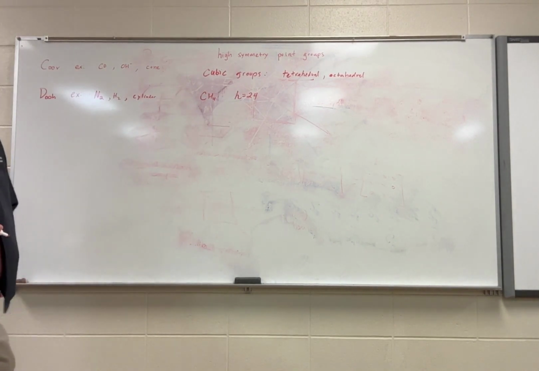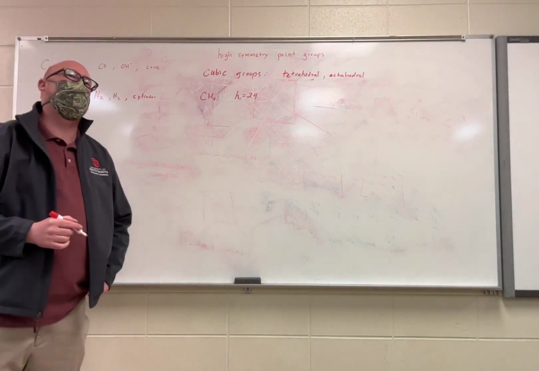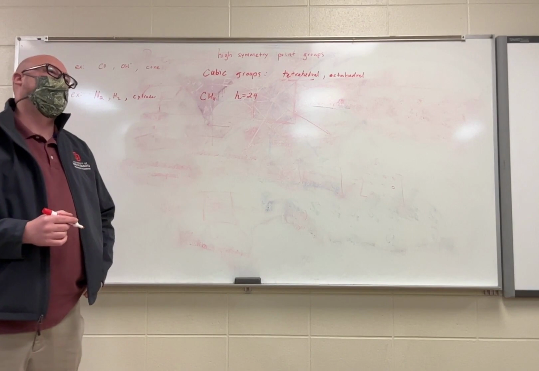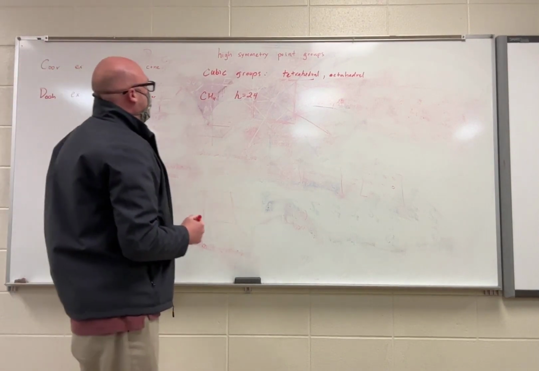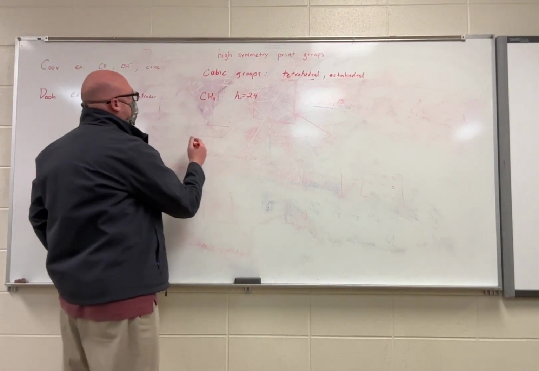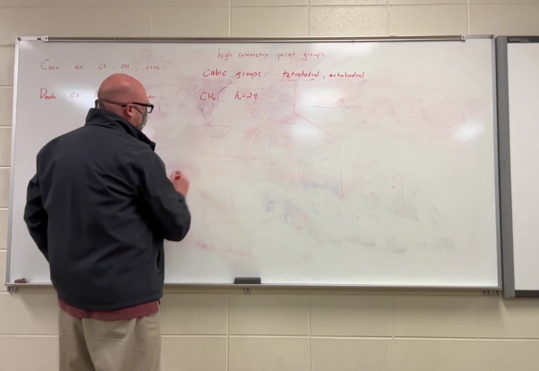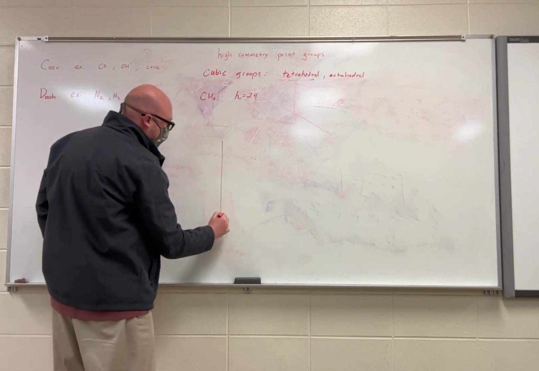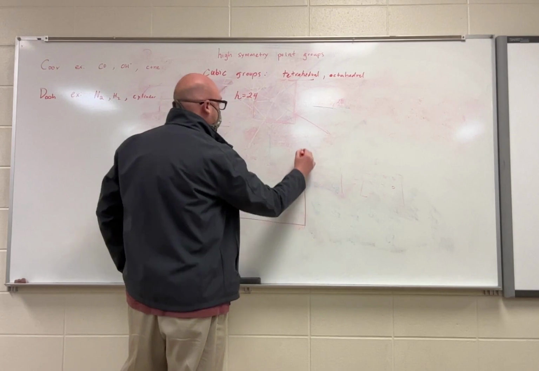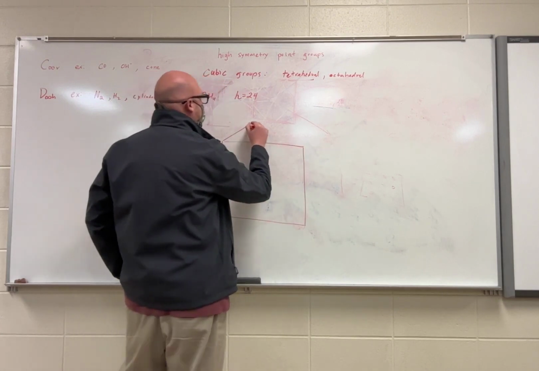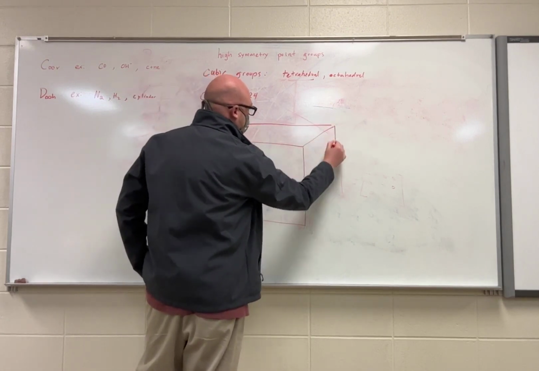So imagine having to write a product table with 24 elements. Right? It's a lot of work. What's the best way to do this? We can inscribe this in the cube. I think that helps us to see some of the symmetry elements.